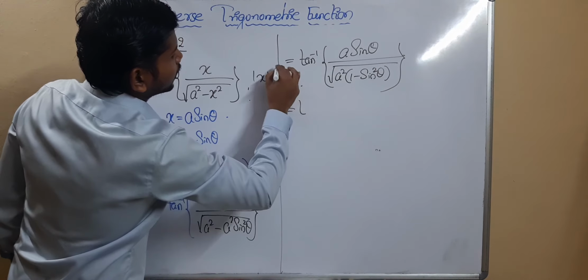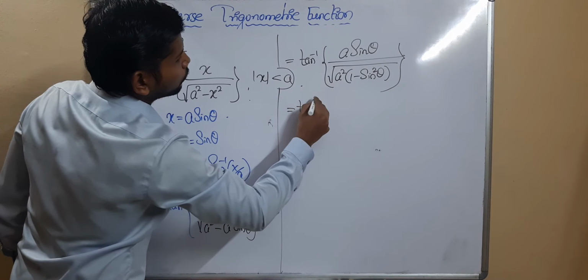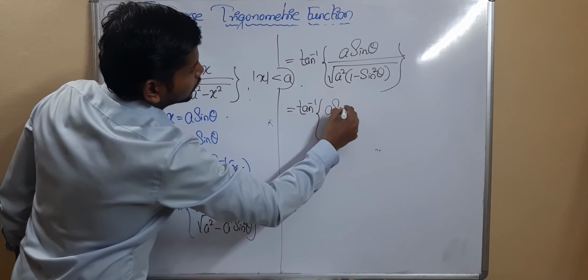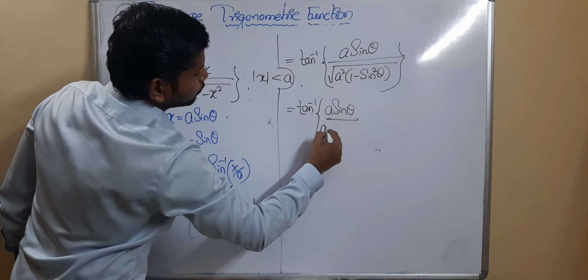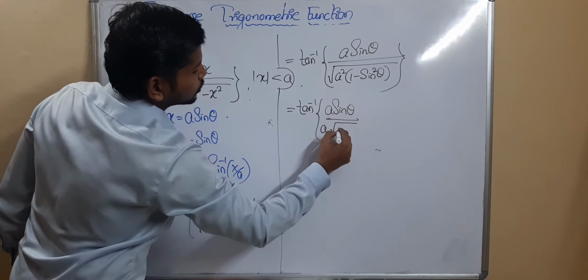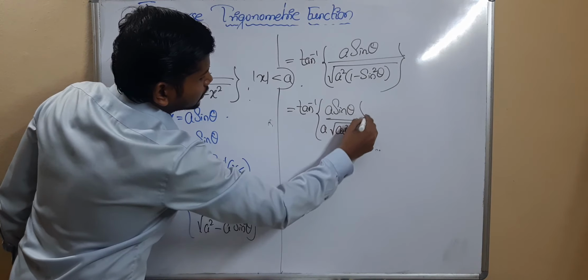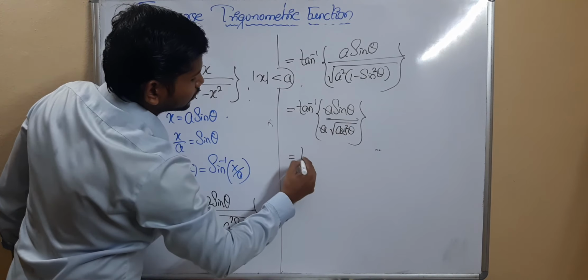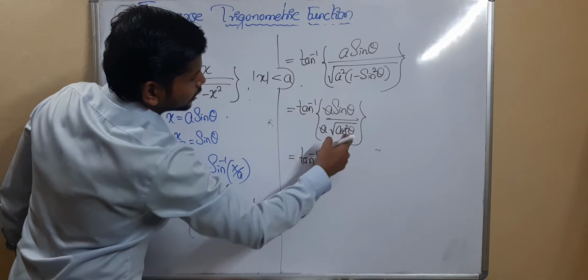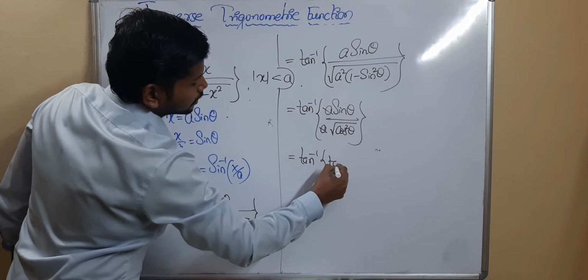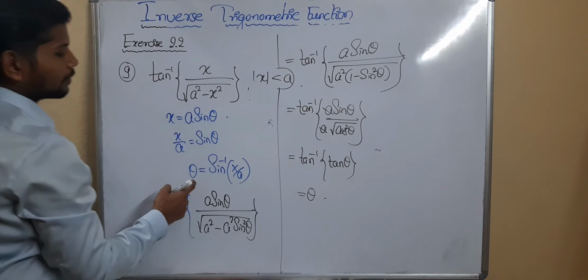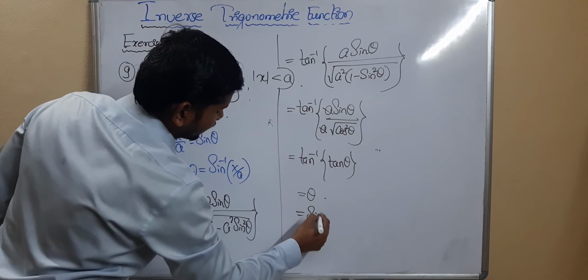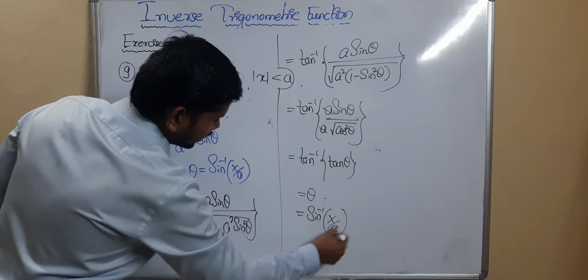It will be tan inverse of a sine theta over a cos theta, the square root cancels and a is cancelled. Sine by cos is tan theta, so tan inverse of tan of theta is theta. What is the theta value? Yes, exactly. It is sine inverse of x divided by a.